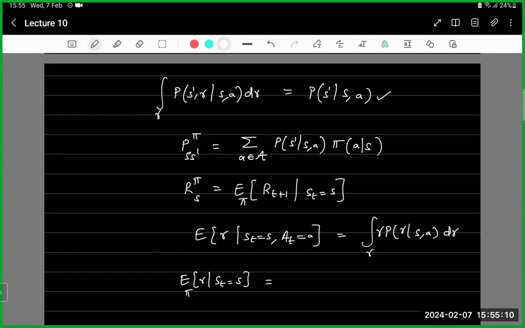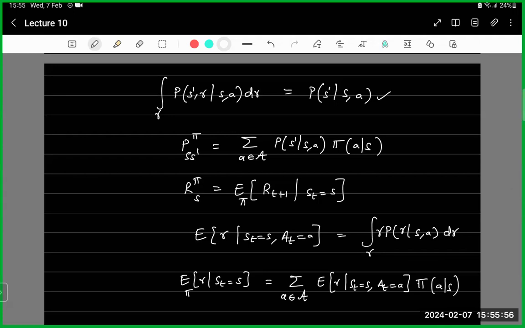The summation over all actions of the expected R given S_t equal to s, A_t equal to a, times pi of a given s. If you take action A, but we are taking action according to some probability distribution pi, so we are just averaging it out.